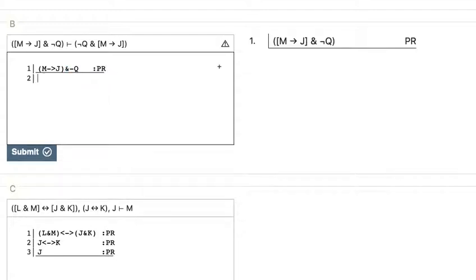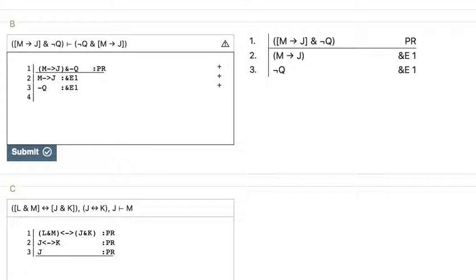And if we eliminate the AND, we get either M arrow J or we get not Q. So notice we're following exactly the same pattern as we did in the previous proof. We're taking a conjunction, an AND sentence, and splitting it into 2 parts using AND elimination.